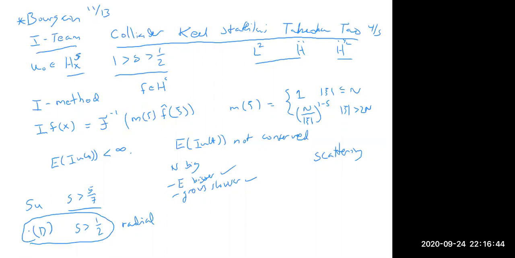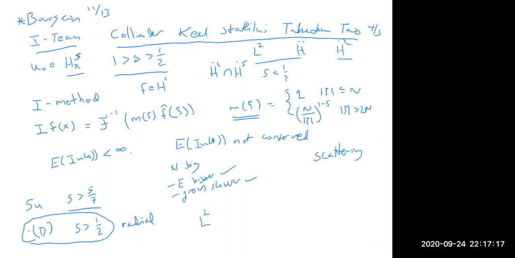But it's worth pointing out that in all of these cases, we're always taking L2 data. So the I method doesn't seem to work as well to estimate the L2 norm growth. You could design an operator like this, a Fourier multiplier, where you wanted to take data in H.1 intersect H.S, where S is less than 1/2.